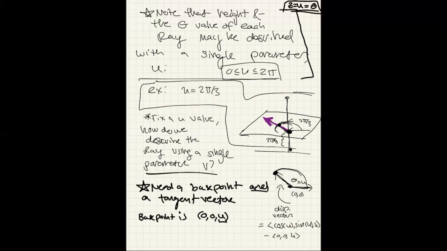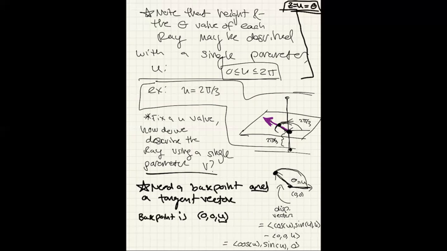That's how you get a displacement vector. It's final minus initial. And if you do that subtraction, that z coordinate vanishes, you get cancellation, and you're looking at cosine of u, sine of u, 0.